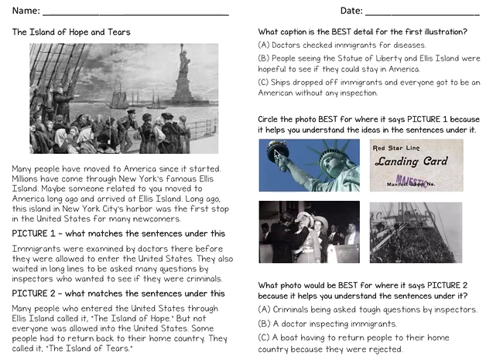Does this picture, this picture, this picture, or this picture match the details in these sentences? Circle the photo that best matches those details. Pause the video. When you're ready, press play.